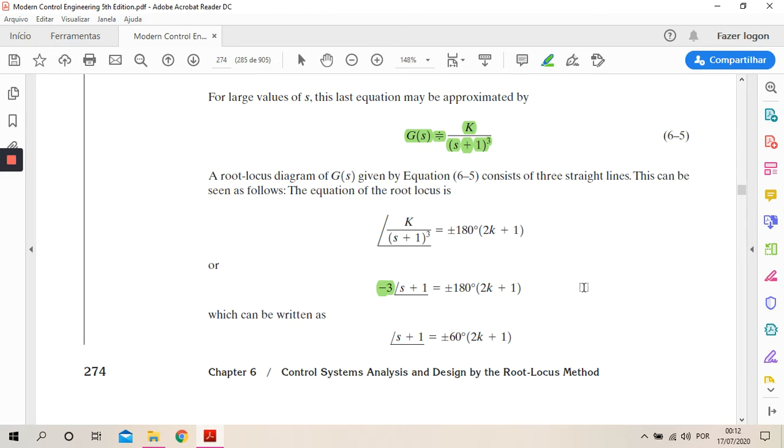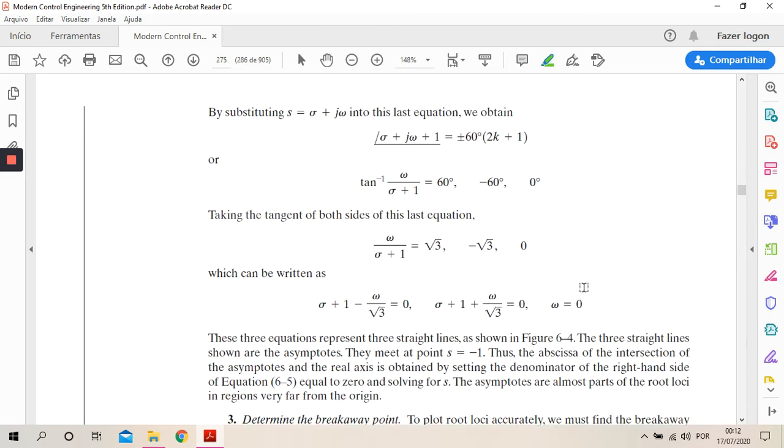Okay? And we are going to substitute s by sigma plus jw into this last equation. We obtain that the angle of sigma plus jw plus 1 is equal to plus or minus 60 degrees times 2k plus 1. And then the inverse tangent of w divided by sigma plus 1 is equal to three angles here: 60 degrees, negative 60 degrees, and 0 degrees.